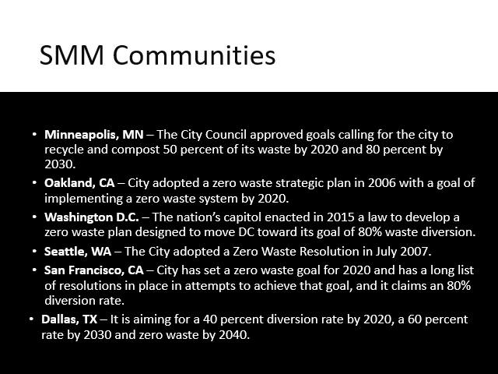San Francisco has set a zero waste goal for 2020, and they claim an 80% diversion rate, but we know that's not always so true. And in Dallas, they're aiming for 40% diversion by 2020, 60% by 2030, and zero waste by 2040. I think that's pretty remarkable that our Texas friends are coming up with a plan that makes a lot of sense.